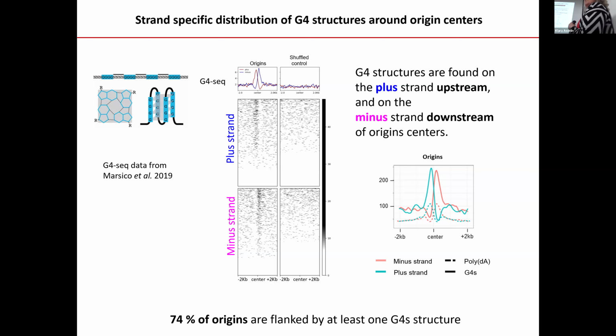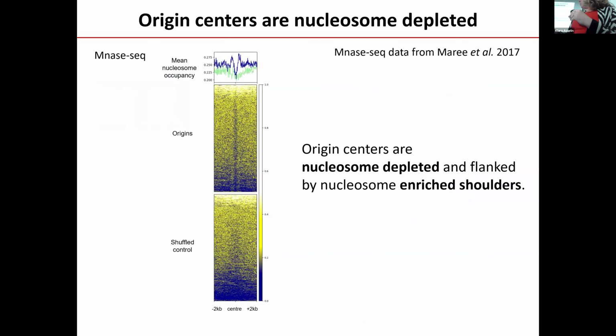You see that they are in completely the same position, meaning that the G4 structures are actually embedded within the poly-A enriched regions. G4 structures have been found to be associated with origins and also AT-rich regions, but that they are completely embedded in these enriched regions has not been seen like this before.